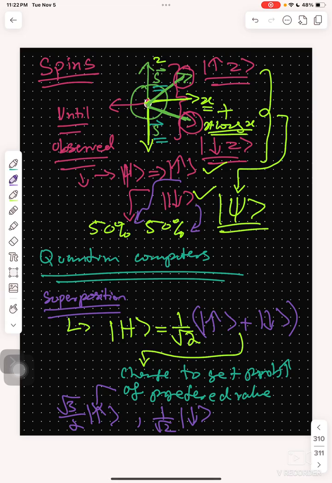Do we get 1 if we do this? Let me check. Square root of 3 over 2 squared plus 1 over 2 squared.